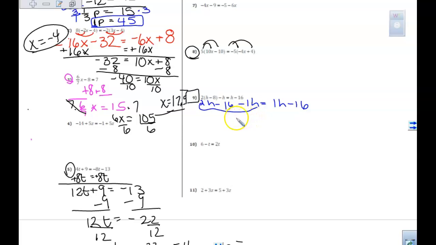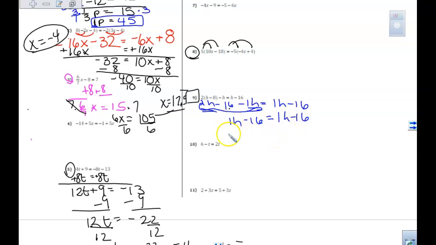Well, what am I going to end up with? 2h minus h. So if I have 2h on this side minus this 1h, 1h minus 16 equals another 1h minus 16, right?